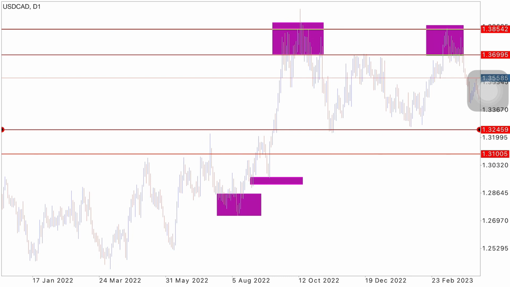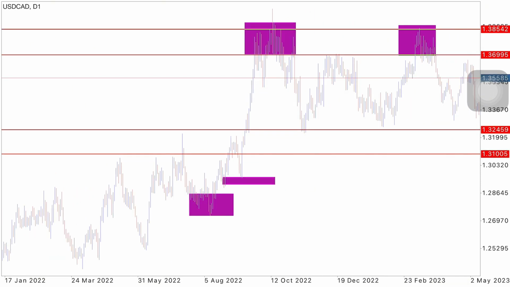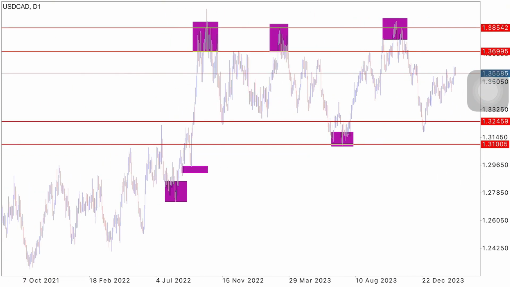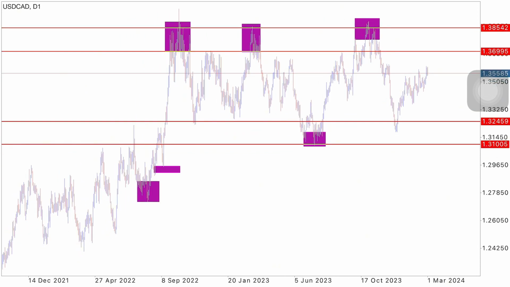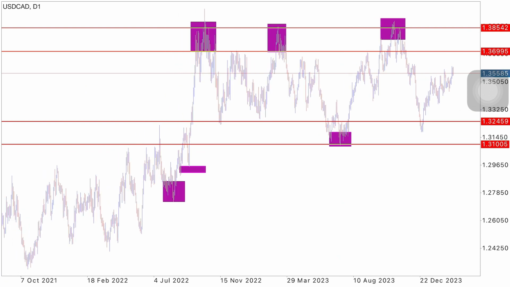So seeing that we have a lot of volatility in this market, we can see that the market respects higher highs and goes hand in hand with market conditions. So what do I mean when I include market conditions? What I'm basically saying is that the market conditions determine whether the market is volatile, whether the market is behaving in a certain type of formation or certain way.